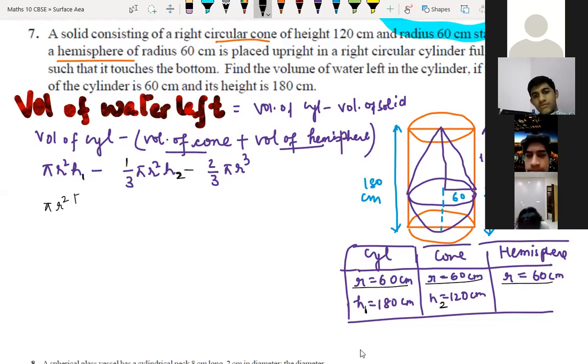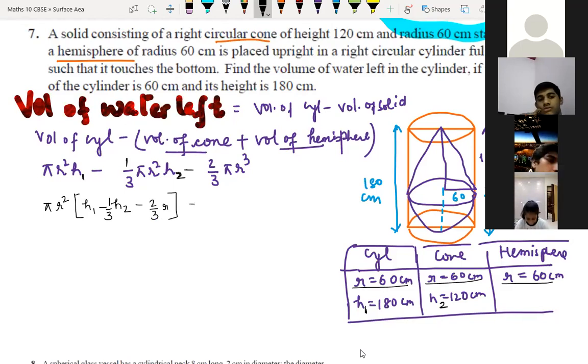Pi r square, if you take common, you will get h1 minus, not minus h2, 1 by 3 h2, minus 2 by 3 r.